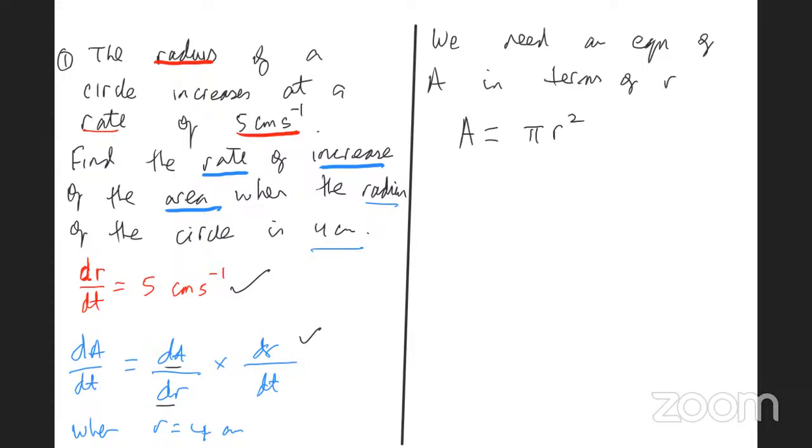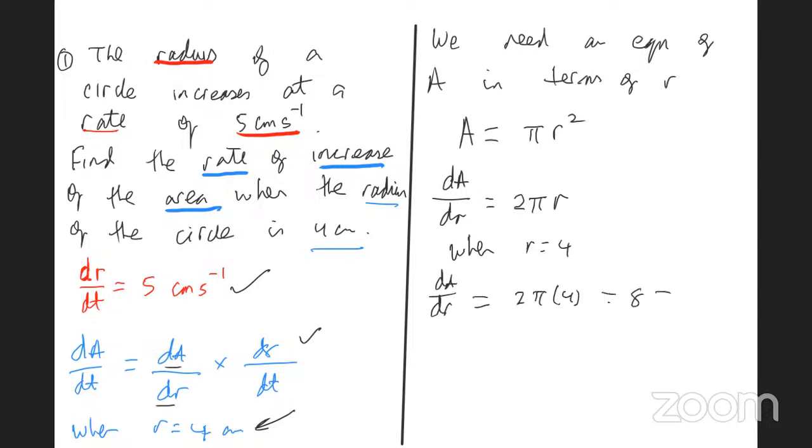So therefore, dA/dr will be equal to, differentiating, bring down the power, you'll get 2 pi, and 2 minus 1 gives 1. So dA/dr is 2 pi r. Now we'll be able to use when r is 4. So we substitute r equal to 4: dA/dr is equal to 2 pi times 4, that'll be 8 pi.